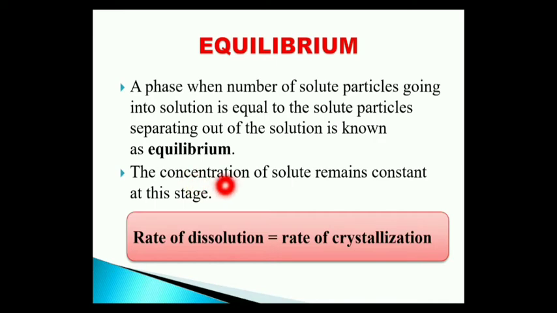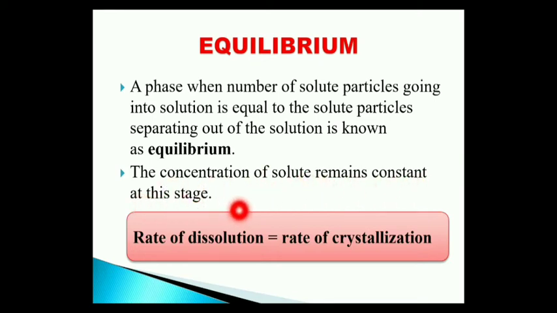Okay, so at equilibrium the rate of dissolution is equal to the rate of crystallization. The number of solute particles dissolving in the solution and the number of solute particles separating out of the solution are equal at the phase of equilibrium. So here at the phase of equilibrium, the concentration of the solute remains constant.